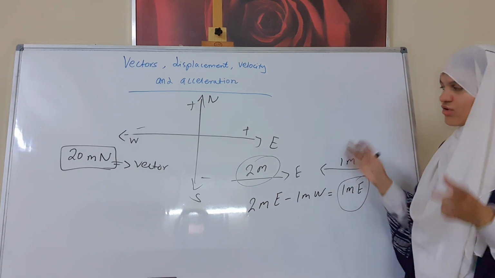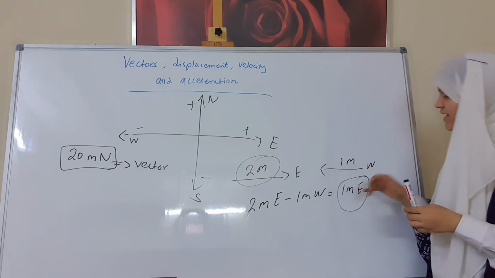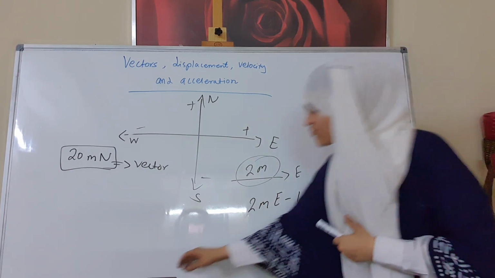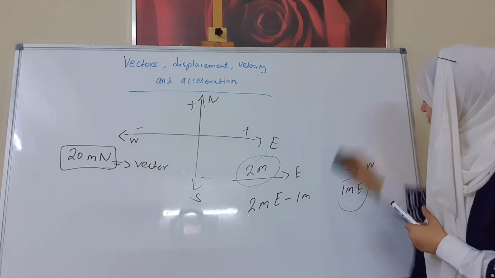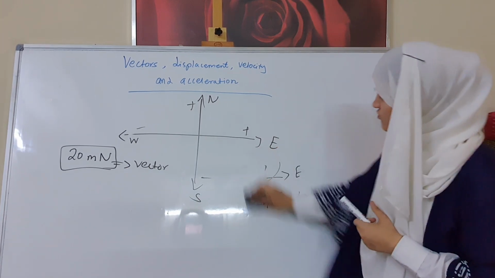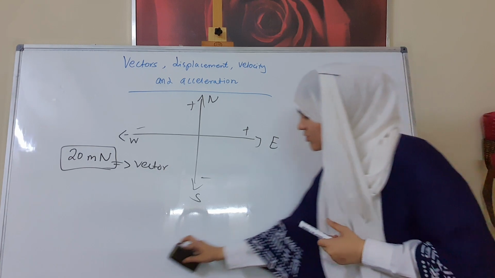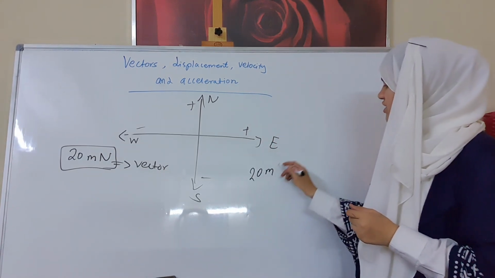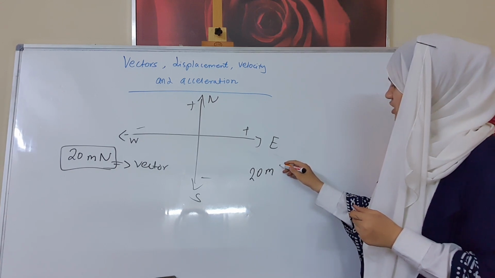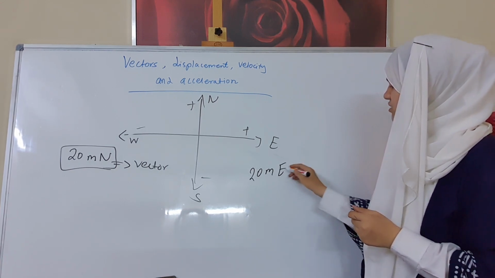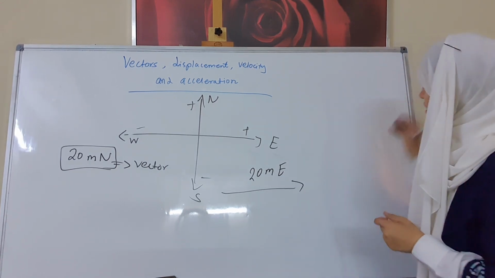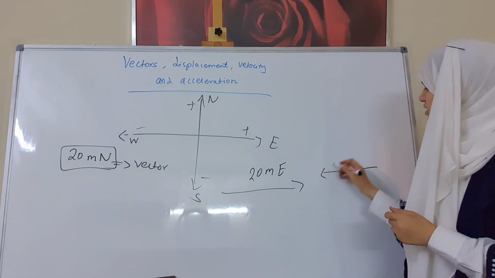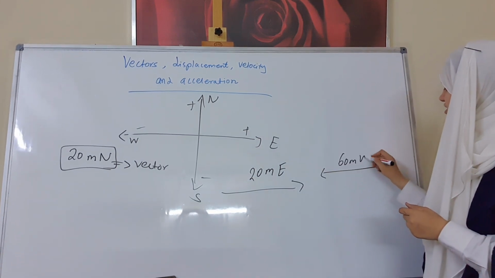That means vectors already have magnitude and direction. Okay, but what if we say 20 meters east and 60 meter west?